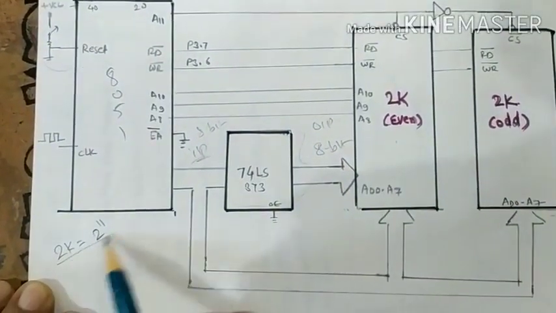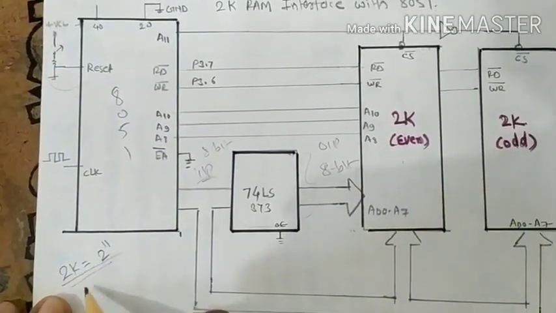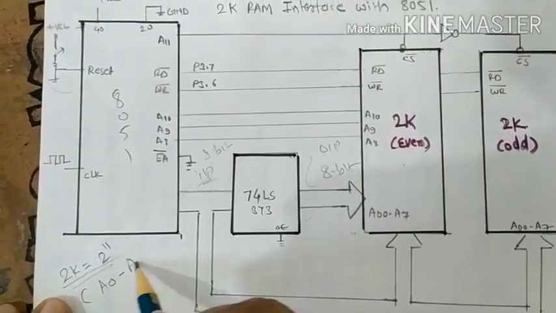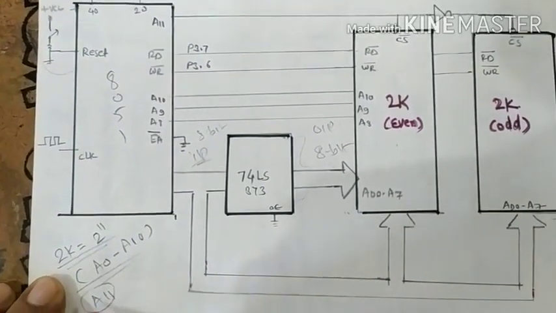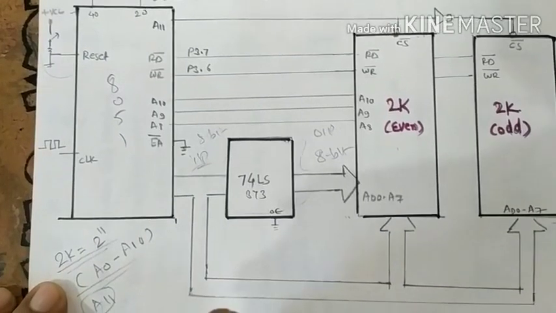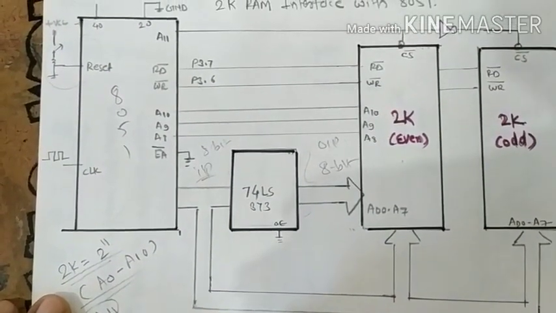Okay, so see, we interface 2K. 2K means 2 raised to 11. So we use address lines from A0 to A10, and A11 is a selector. Selector means it selects even memory bank or odd memory bank according to requirement.